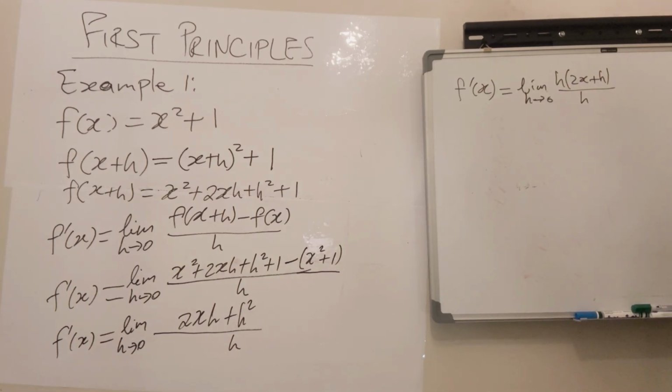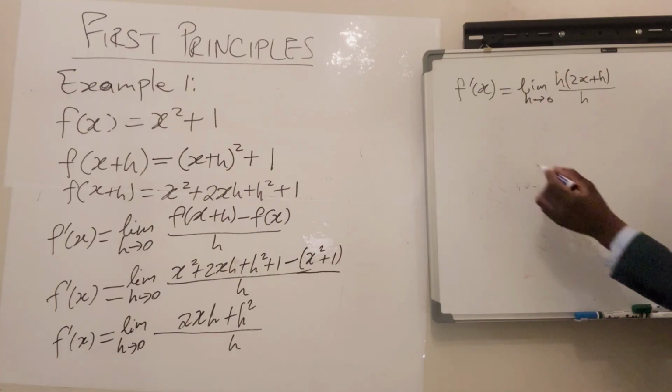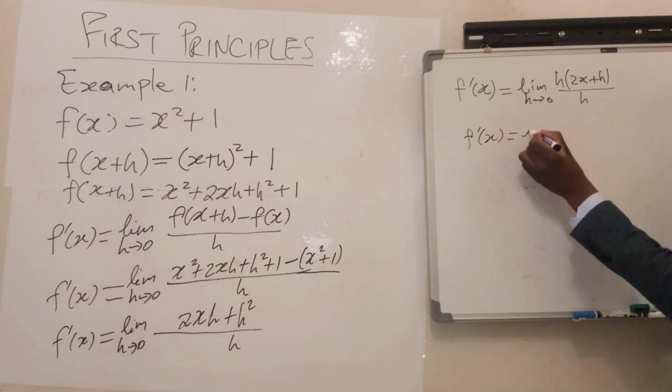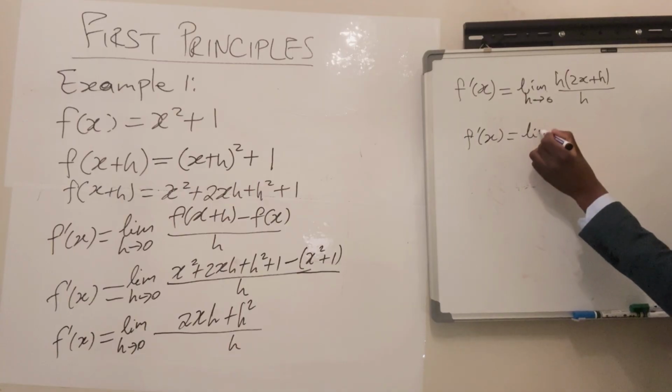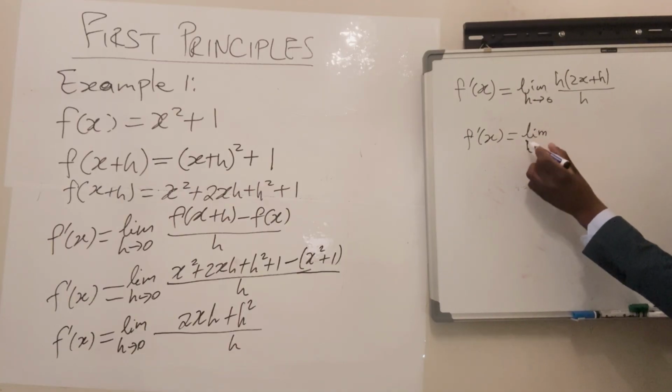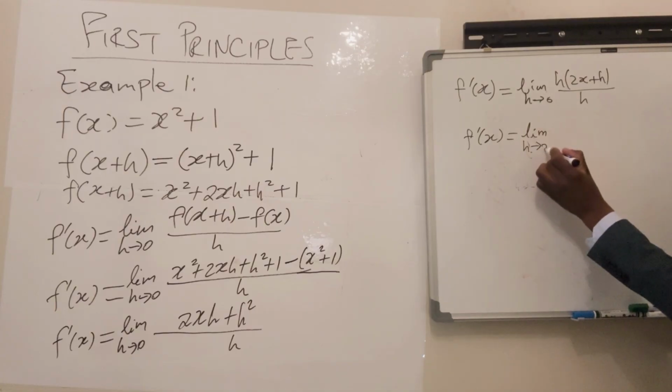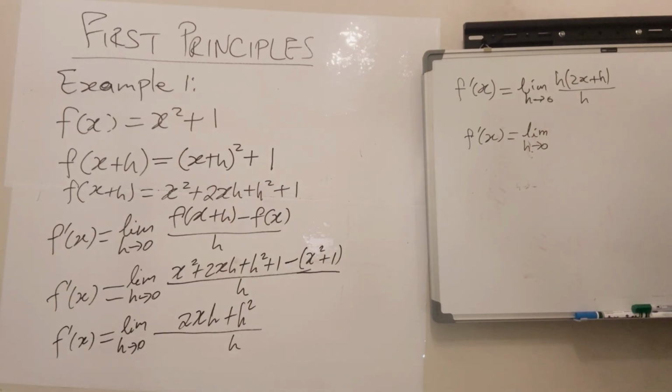What would then happen? f prime of x is equal to the limit as h approaches 0.